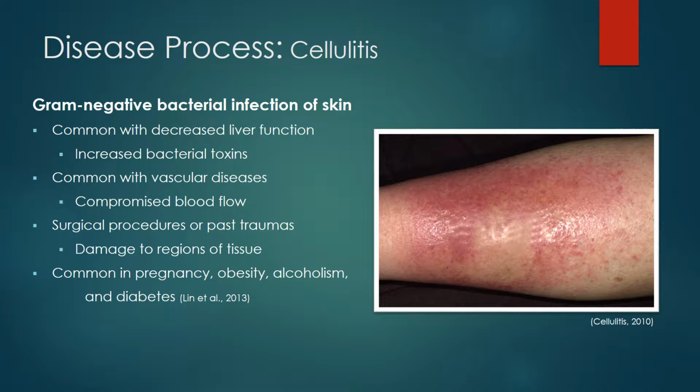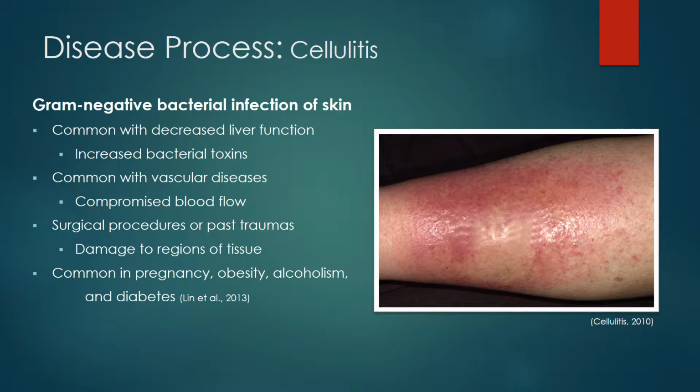And because of the increased pressure within your lower limbs versus your upper limbs, the development of cellulitis is much more common within the lower limbs, feet, legs, ankles, versus arms, although it does occur in the upper limbs as well. And this is really common with decreased liver function.